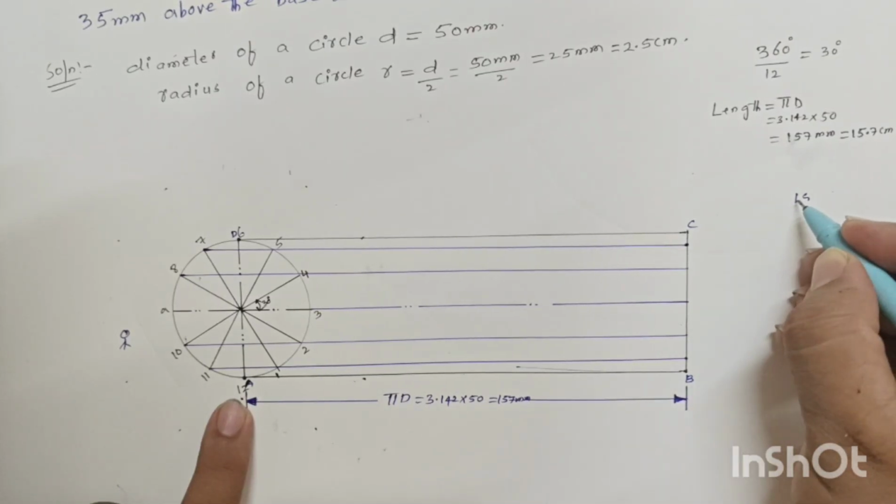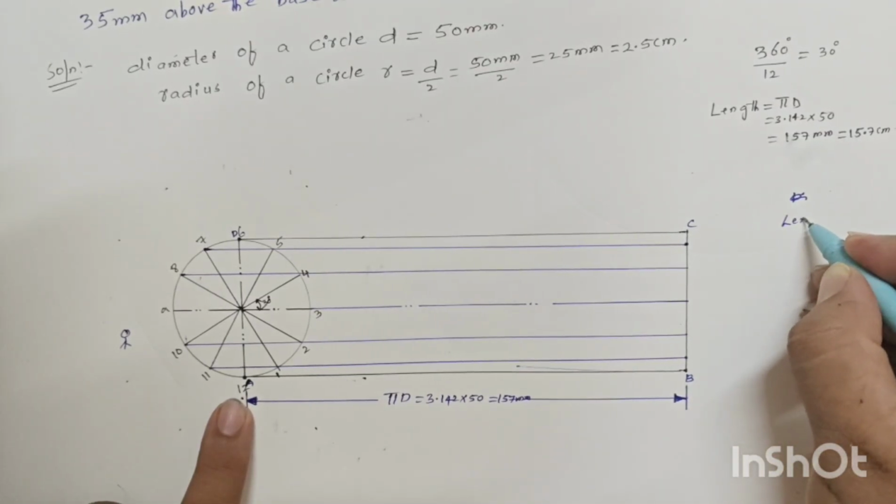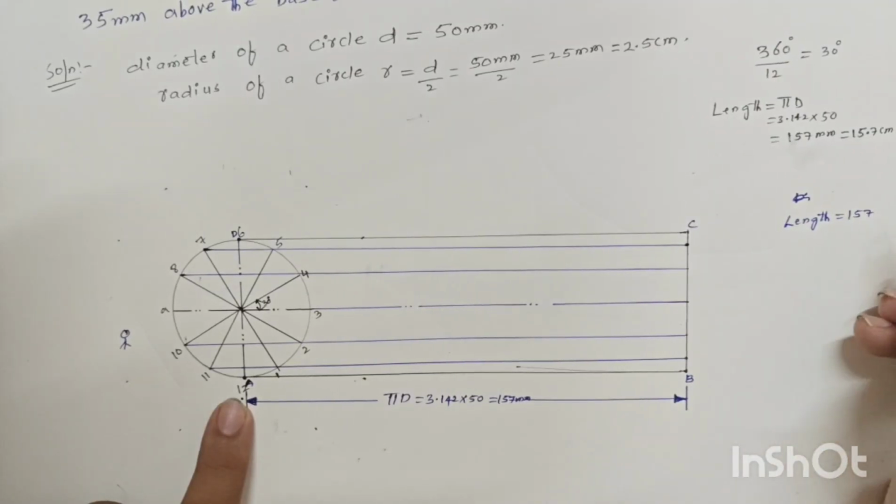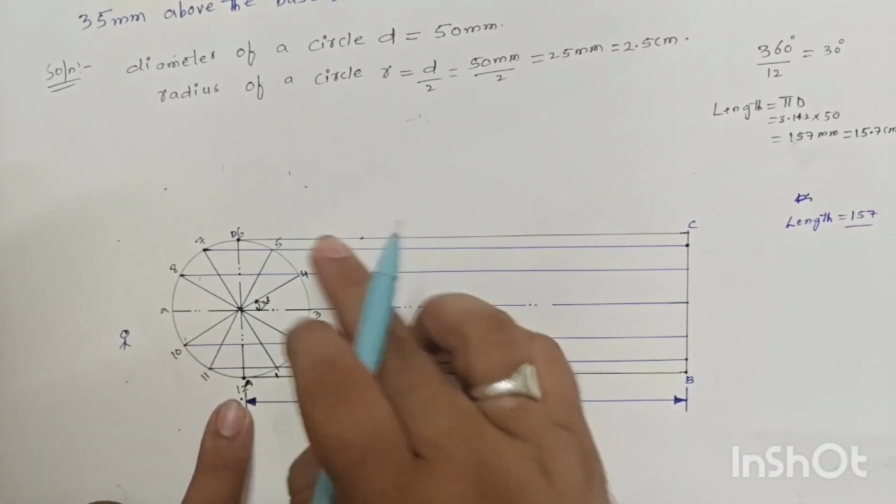The length 157 divided into how many equal parts? 12 parts.